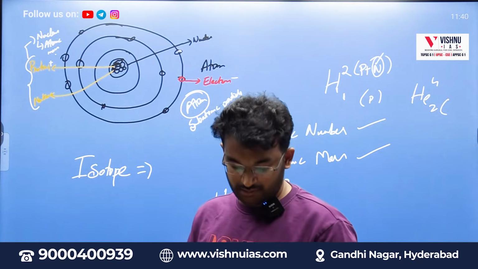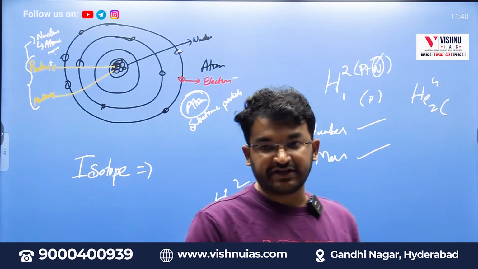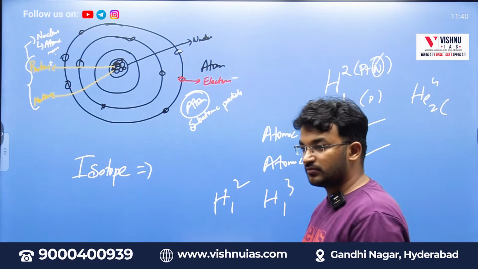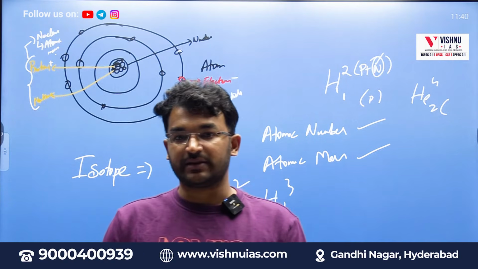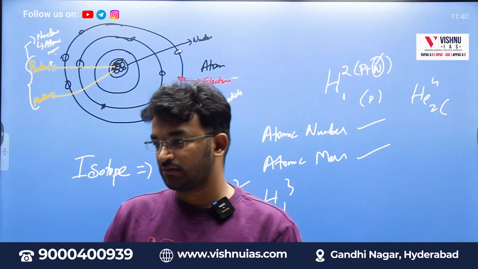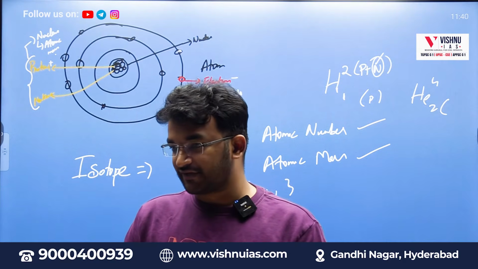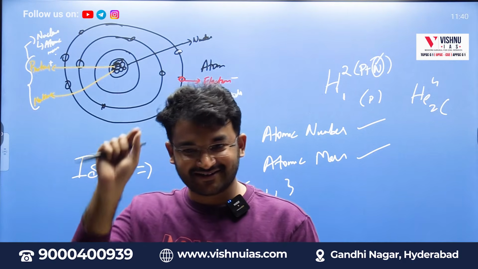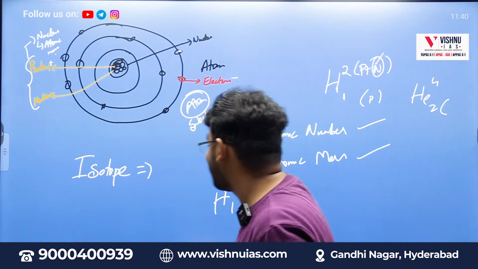Example, uranium 92-235, comma helium 24, He24, U 92-235. You are writing the whole 235, right? Helium 24, okay, right.